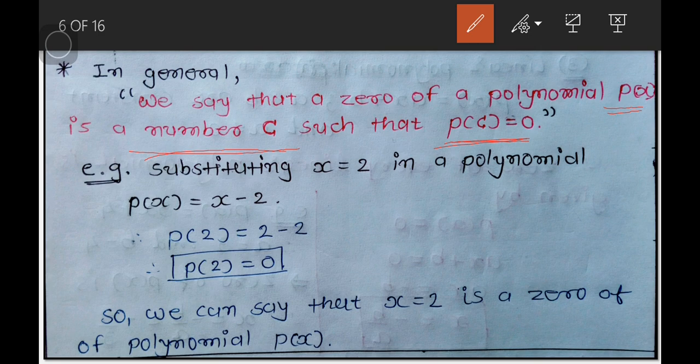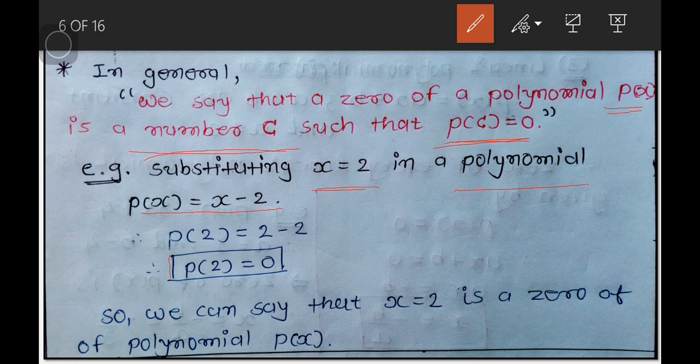For example, substituting x is equal to 2 in the polynomial p of x is equal to x minus 2, we get p of 2 is equal to 2 minus 2. Then the value of the polynomial p of 2 is equal to 0.